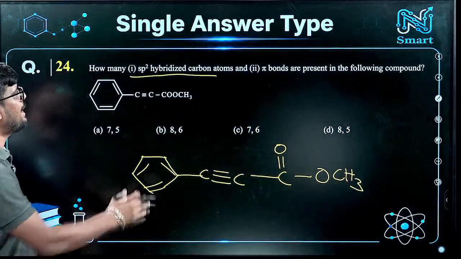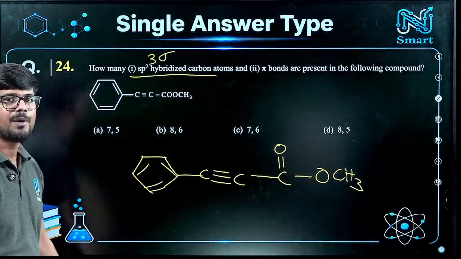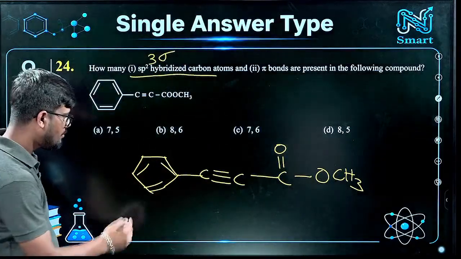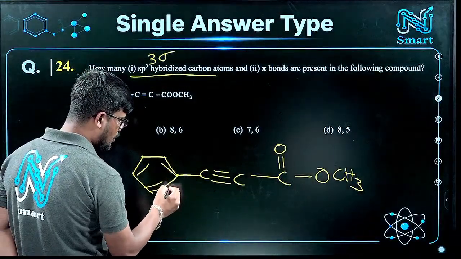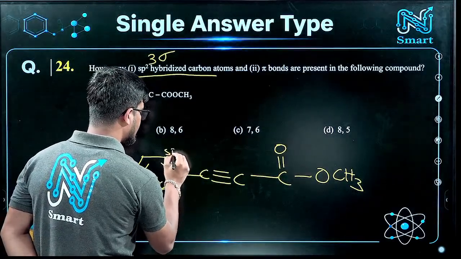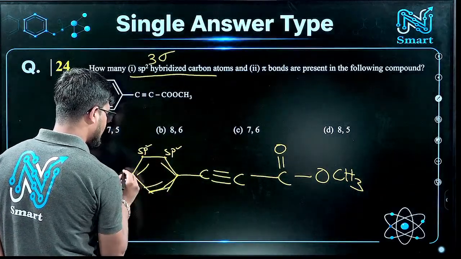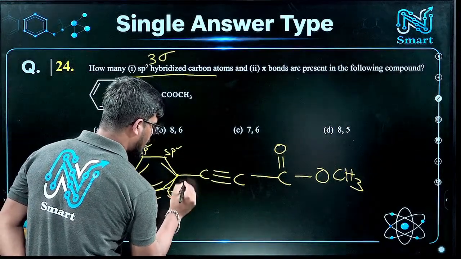Okay, and now sp2 means, always remember, 3 sigma bond. 3 sigma bond means sp2. Now if we consider benzene, all these 6 carbon means all are sp2. sp2, sp2, sp2, sp2, sp2. All are sp2.